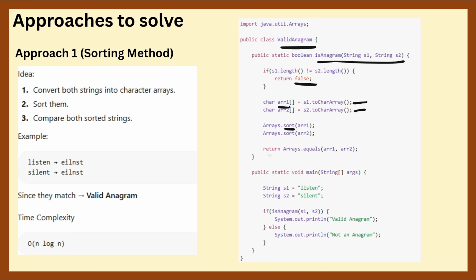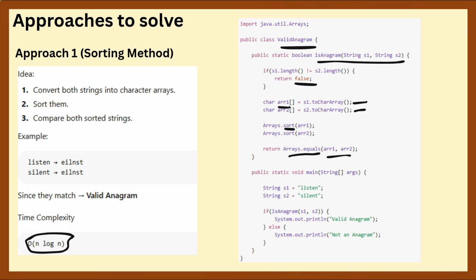Then we return Arrays.equals. If both are equal, it will return true, otherwise false. In this way, we find whether the two words are anagrams or not. But in this method, the time complexity is O(n log n). This is a good time complexity, but not the best.